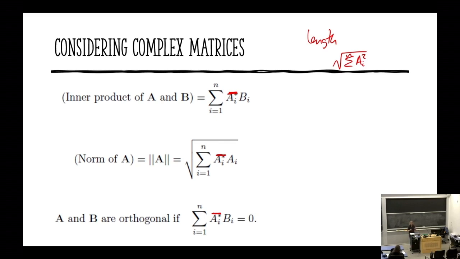So this is why we have to revise our equations when we're dealing with complex numbers to involve the conjugate. We say that the absolute square of a_i is equal to the conjugate of a_i times itself. And so we're always going to replace the product of two matrices by the product of the conjugate of matrix A with matrix B.